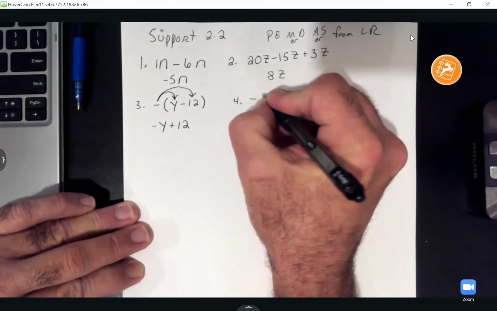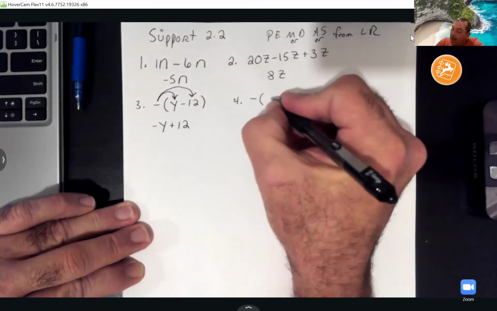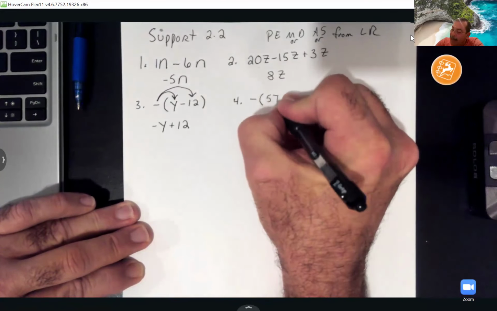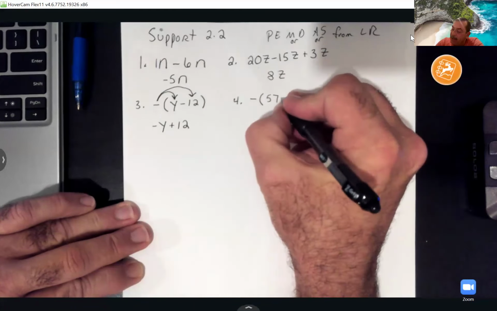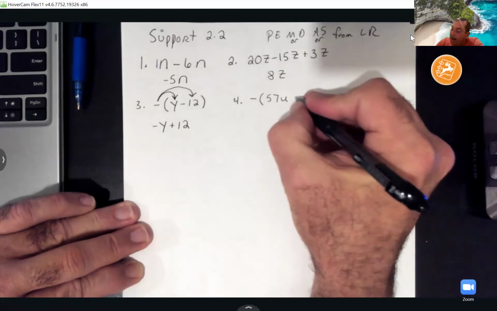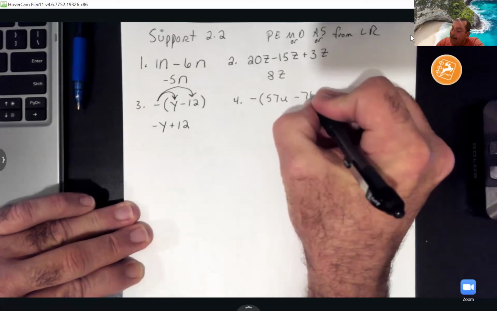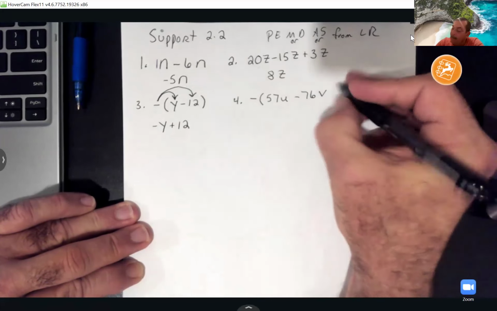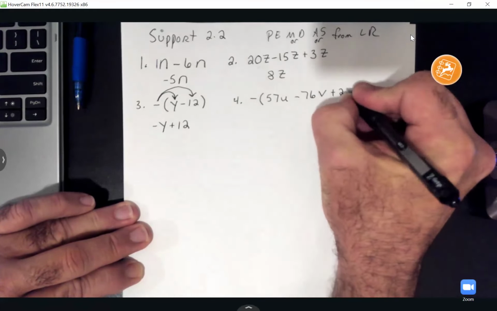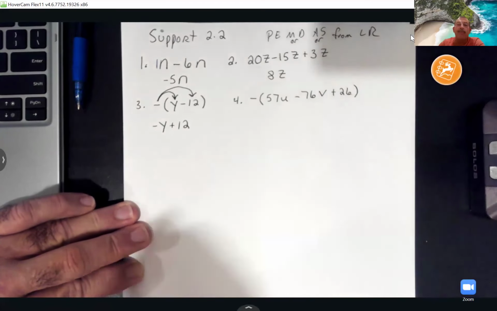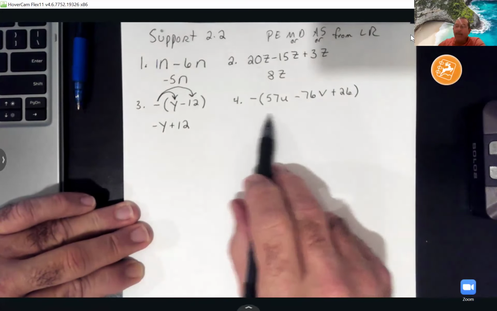So this one will be on y'all. I'm gonna give y'all a big one. A negative, and in parentheses, 57u minus 76v plus 26, close parentheses. So y'all, what's coming out of that?